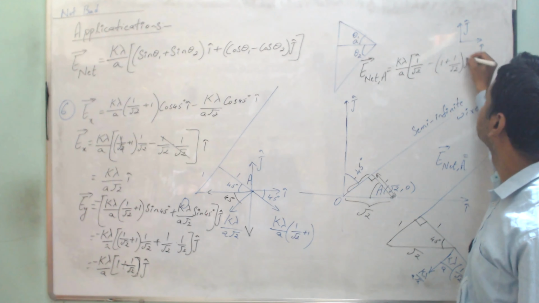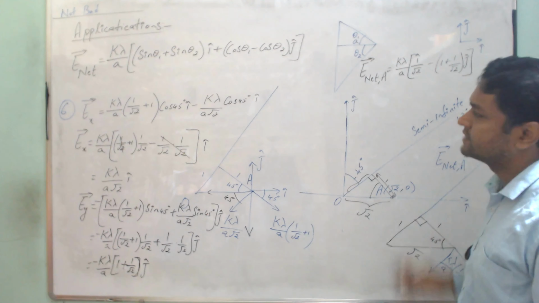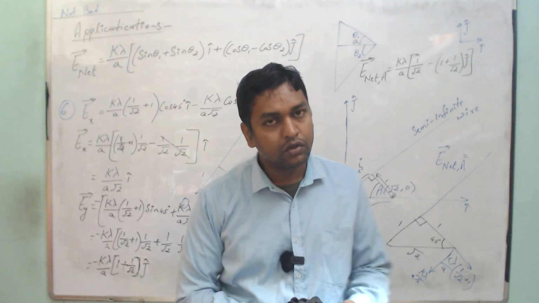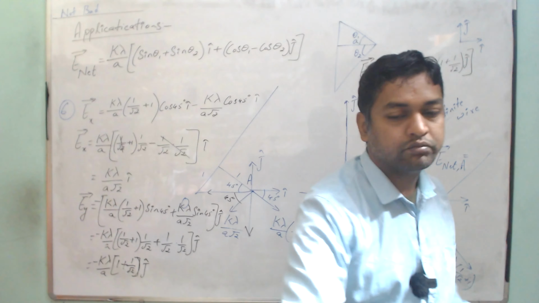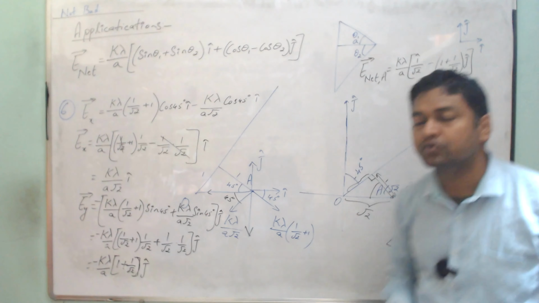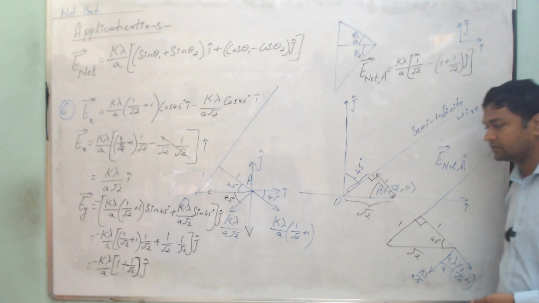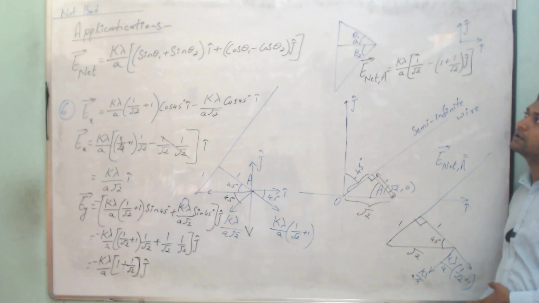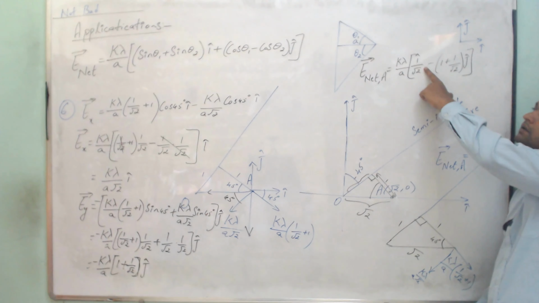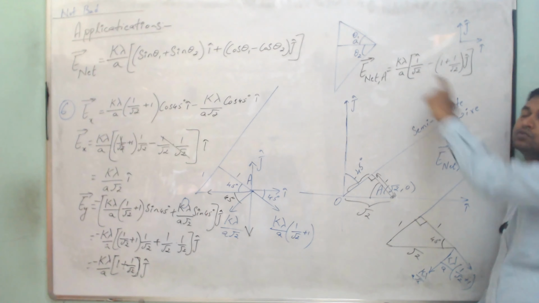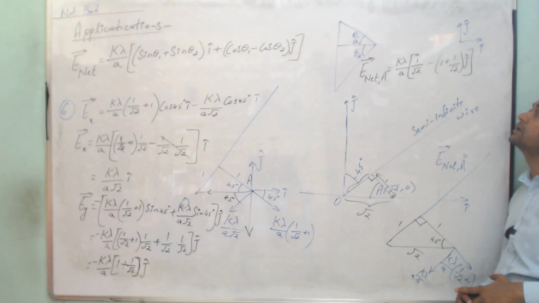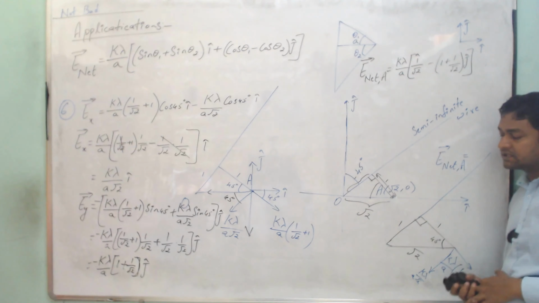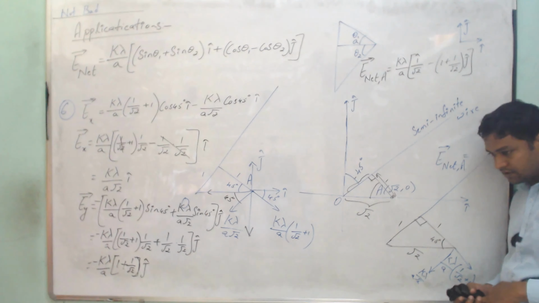Is this clear? I'll just explain it once again. Nothing much to, we didn't do any big thing over here. This is I cap by root 2, and this is J. See, I'll explain again.